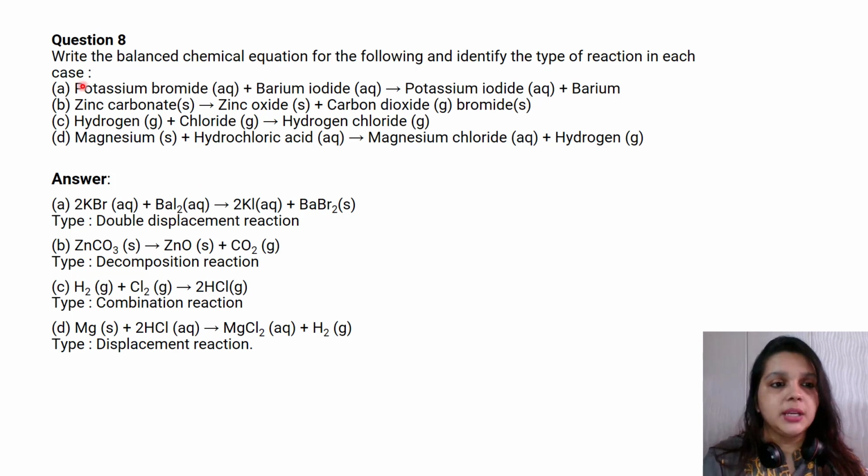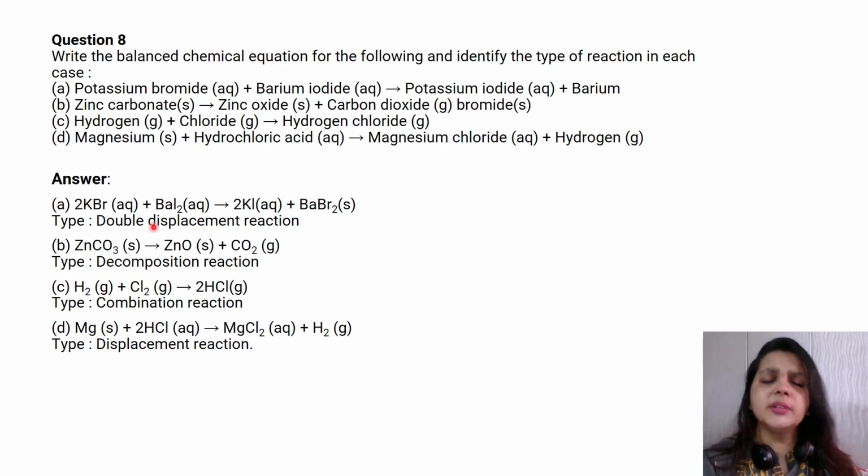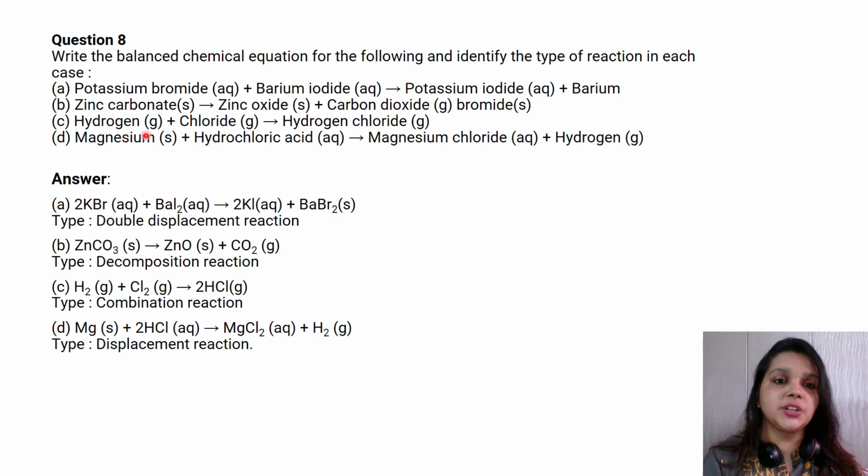Next one, zinc carbonate ZnCO3 directly gives us zinc oxide and carbon dioxide. So it's a decomposition reaction because the reactant is breaking down into its constituents, not the simplest ones, but yes, into some constituents. Hydrogen plus chlorine, H2 plus Cl2, gives us hydrogen chloride.